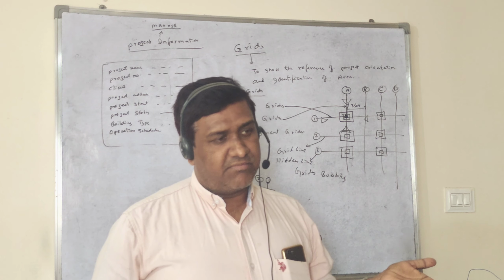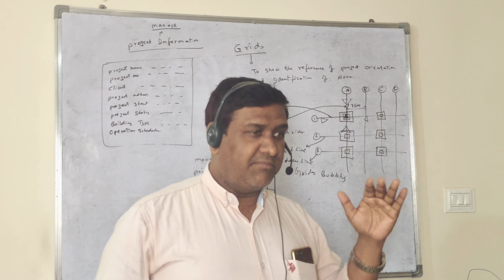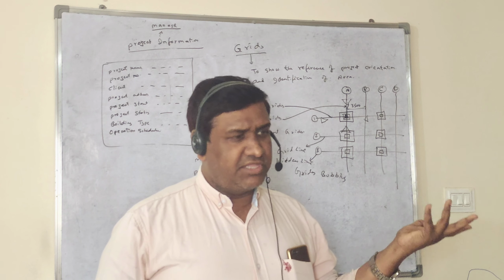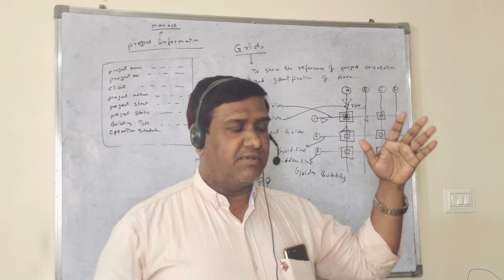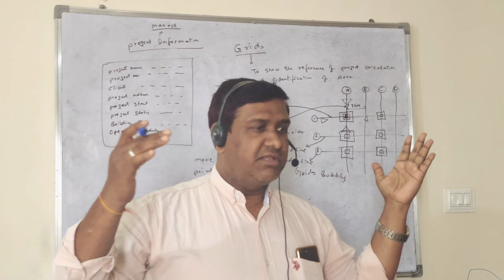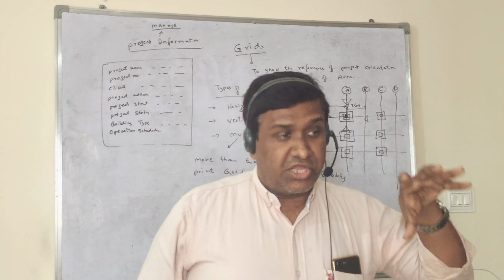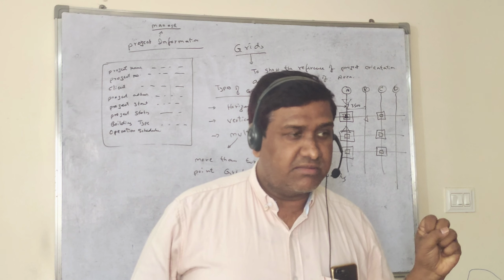So 12/6: 12 hours in a day, 6 days working. Some buildings have worship, like a temple or a masjid, 24/7. If you go to a temple, it will be open. If you go to a masjid, it will be open 24/7. Like that, whichever project you are working on, you have to know how its operation schedule will be.